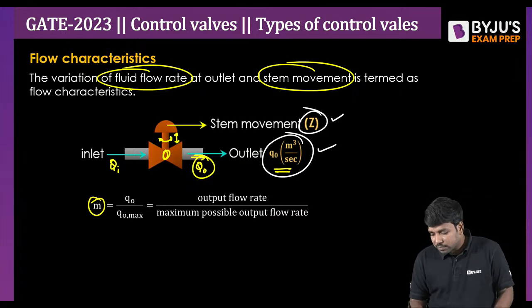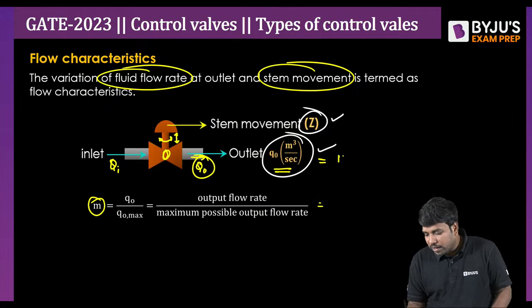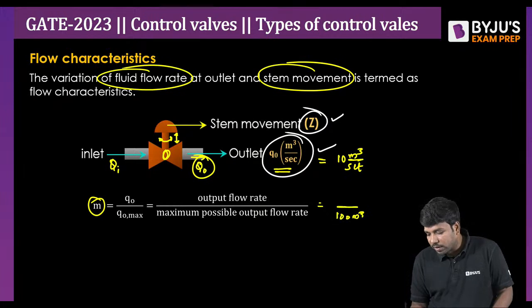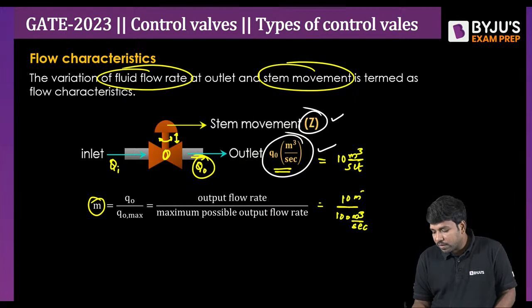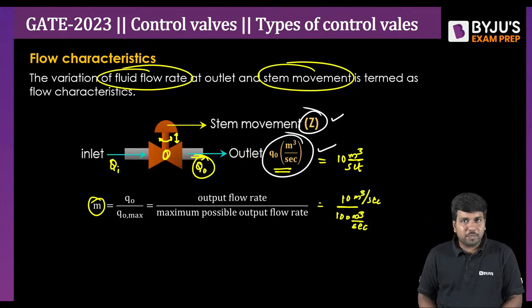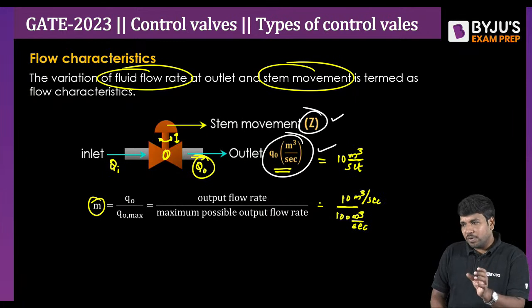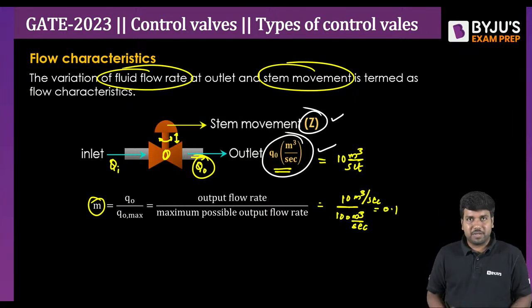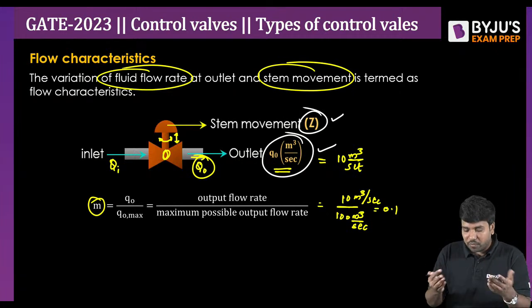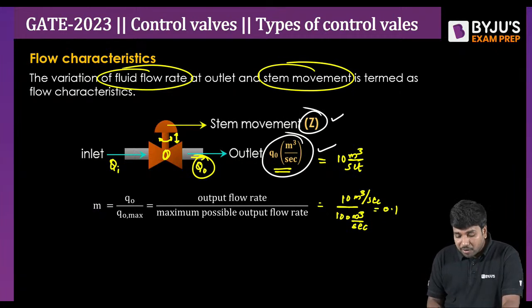Suppose for example, at any case, let us say the output flow rate is equal to 10 meter cube per second, and the maximum flow rate, if I take 100 meter cube per second, then what is the value of M here? So this is 10 meter cube per second divided by 100 meter cube per second, all put together in a simple language, it is going to become 0.1. Yes, that's correct.